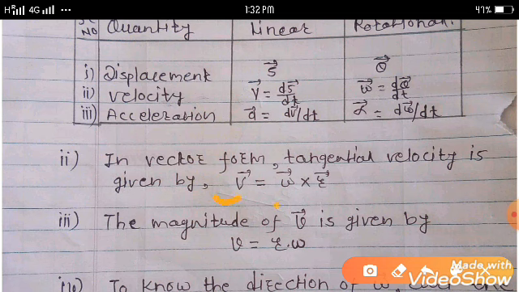Here omega bar is the angular velocity, v bar is the tangential velocity, and r bar is the radius vector. The magnitude of v bar is given by v equal to r into omega. Here v is the tangential velocity, r is the radius of the circle, and omega is the angular velocity of the particle.